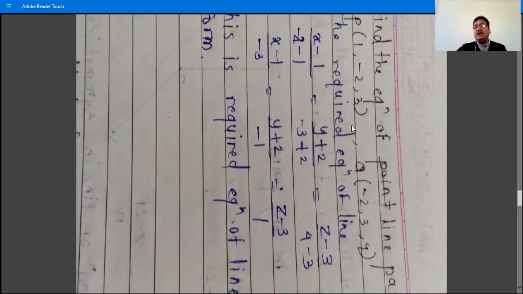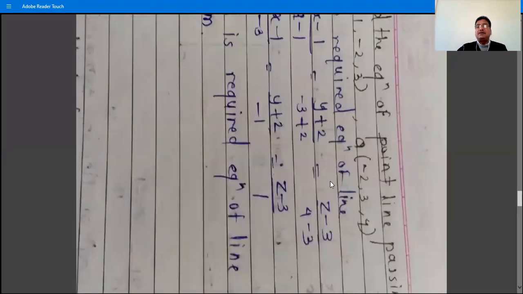Then z minus 3 divided by 4 minus 3. And so the answer is: x minus 1 divided by minus 3, y plus 2 divided by minus 1, z minus 3 divided by 1. And this is the equation of line passing through these 2 points.